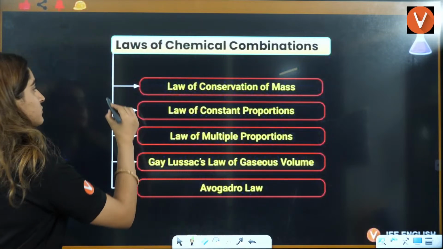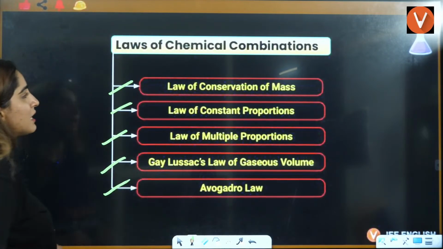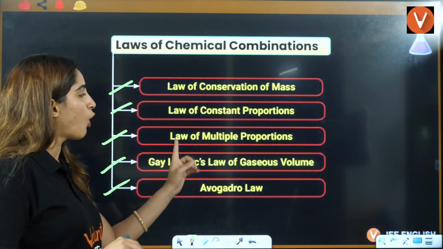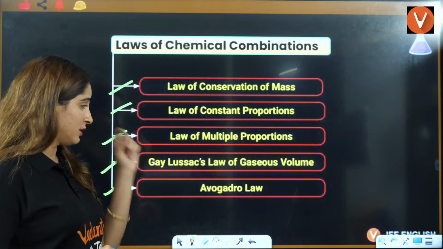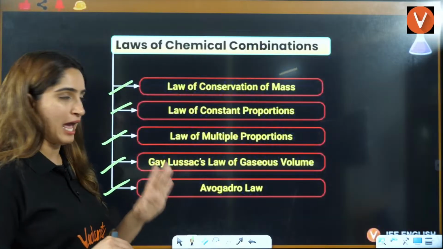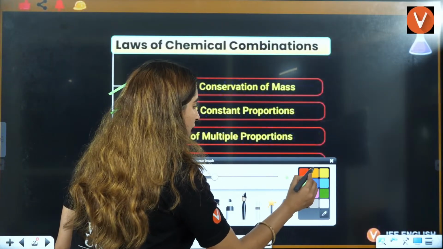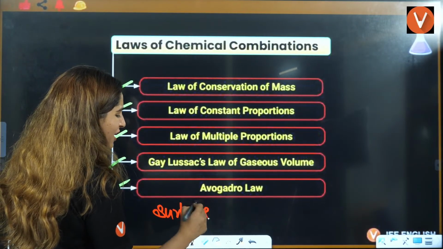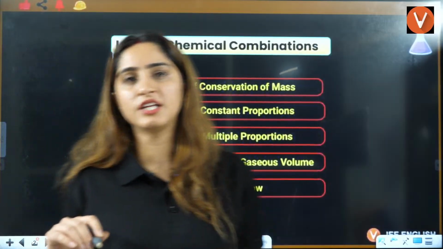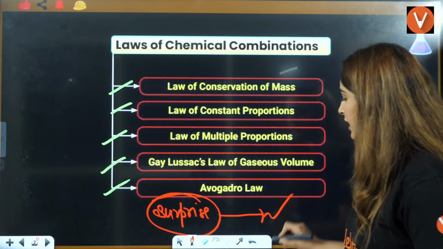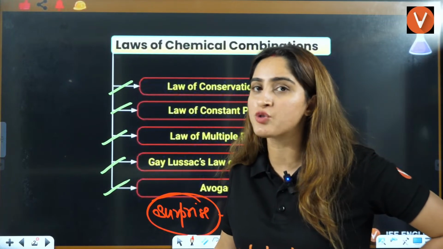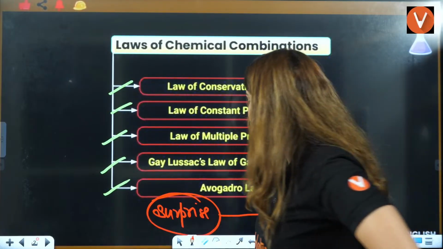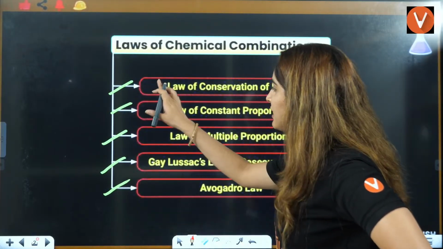We have these five major laws: law of conservation of mass, law of constant proportion, law of multiple proportion, Gay-Lussac's law of gaseous volume, Avogadro's law, and the last one is a surprise law for you. Very rare teachers will teach you this law. This is not written in your NCERT, but it is equally important when you are studying all these laws. First, we will talk about these five laws.